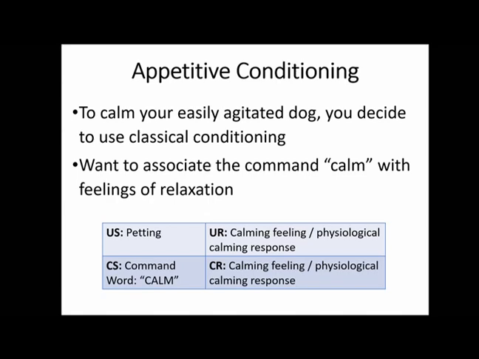Have multiple pairings all at once. And eventually, if we start forming an association between this conditioned stimulus, the word calm, and our unconditioned stimulus, that petting, then eventually just the command word calm, our conditioned stimulus, will be enough for them to start calming down.